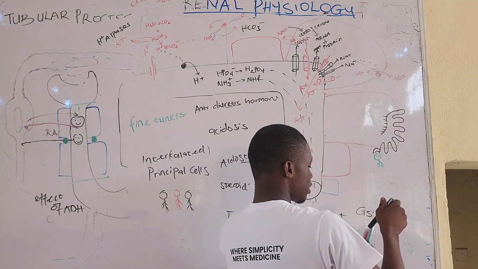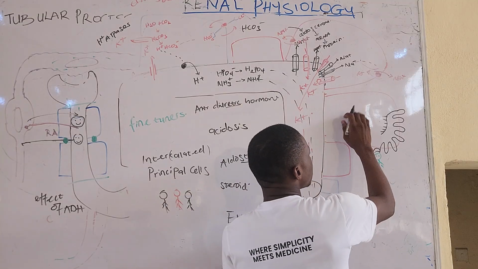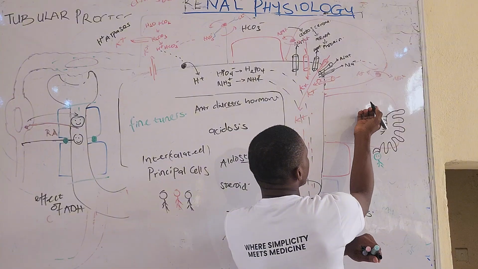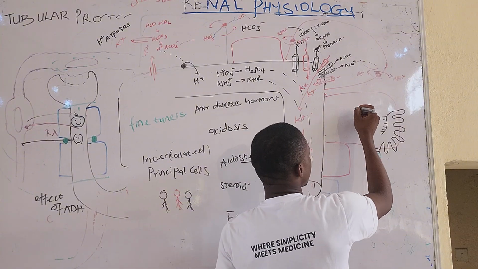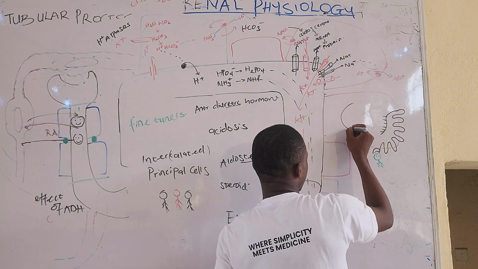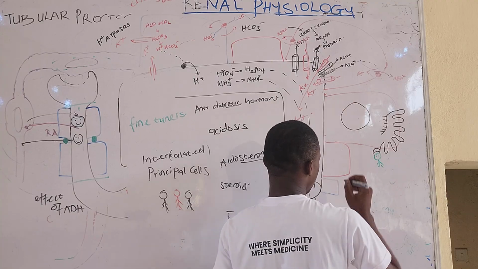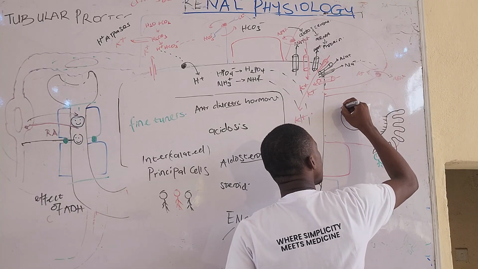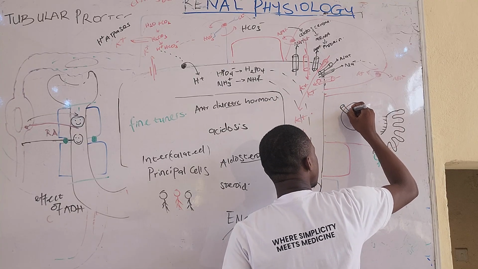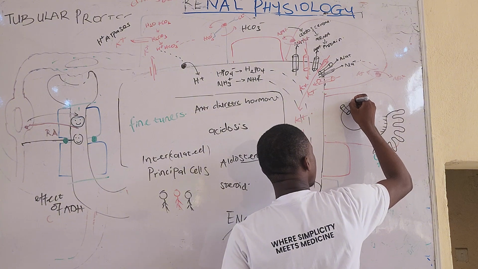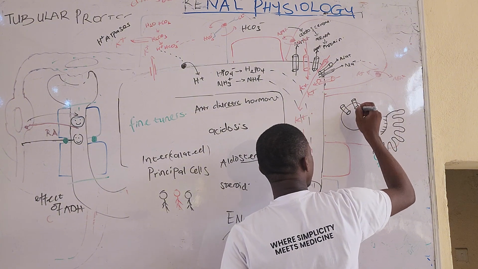I will keep it very basic. Inside these principal cells, there are something we call filaments. Are you following me? Now this thing has some channels like this inside.